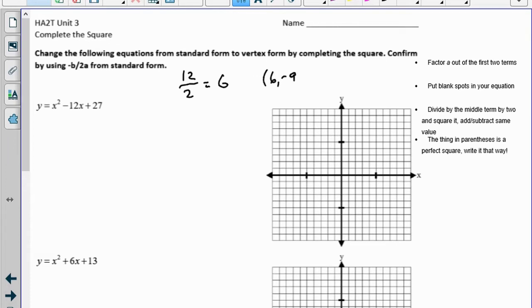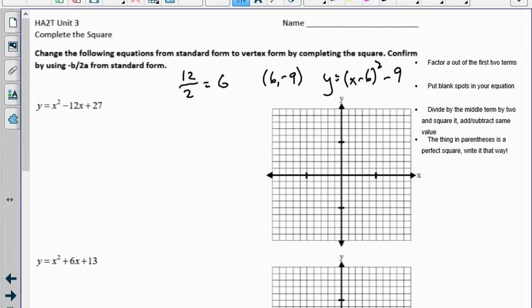So our vertex is going to be 6, negative 9. And our equation, when we're done, will be y equals, a value is 1, so y equals x minus 6 squared minus 9. We know that's going to be the answer when we're done. If we don't get that, we know we messed up.